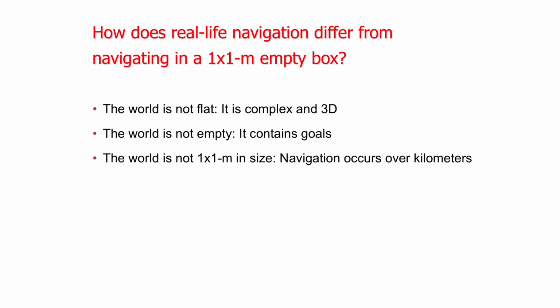We can come up with all sorts of answers, but these are my three answers. One is the world is not flat, it's complex and three-dimensional. And the world is also not empty, it contains goals. We navigate somewhere. So how does that represent in the brain? And the world is not 1 by 1 meter in size. Navigation occurs over kilometers.